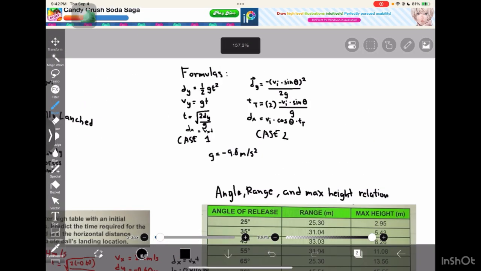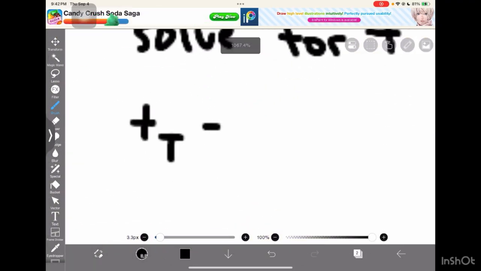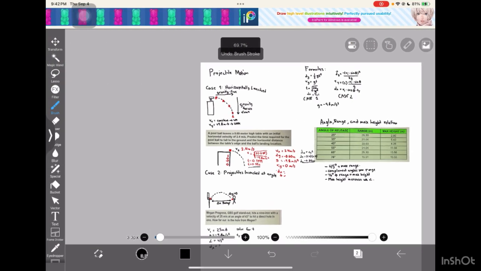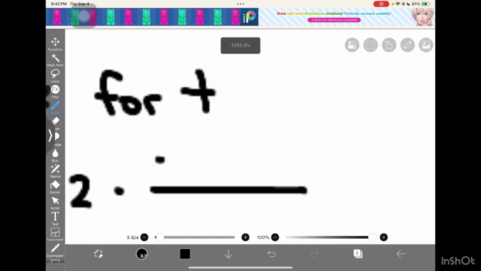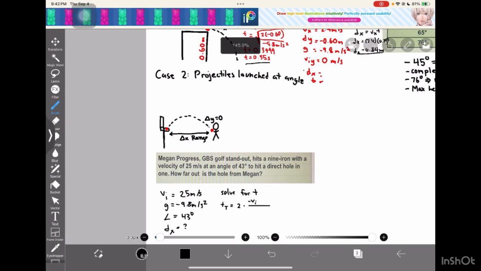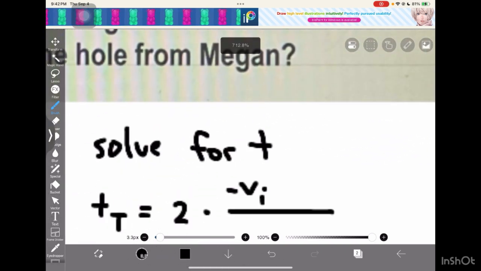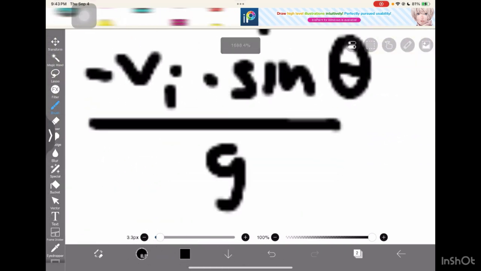We have our total time is equal to 2 times negative v sub I times sine theta over g.